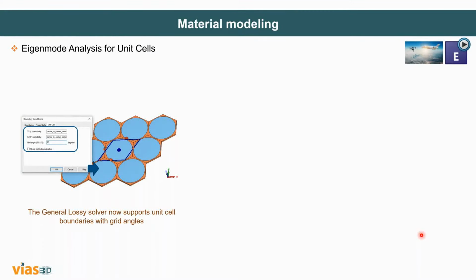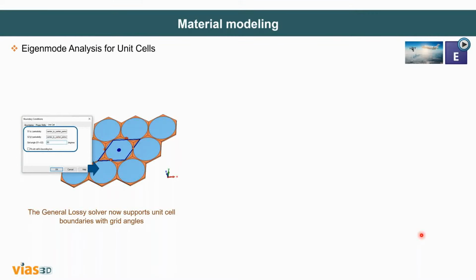If we look more into electronic band gap structures or photonics, the unit cell boundary with this solver can be defined with slanted grid angles for the analysis of infinite arrays. Here is a typical hexagonal cell layout, which uses a 60-degree grid angle.